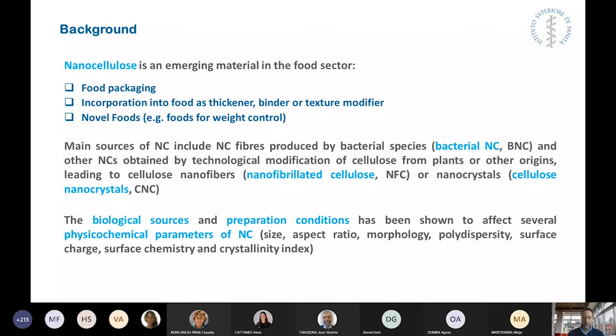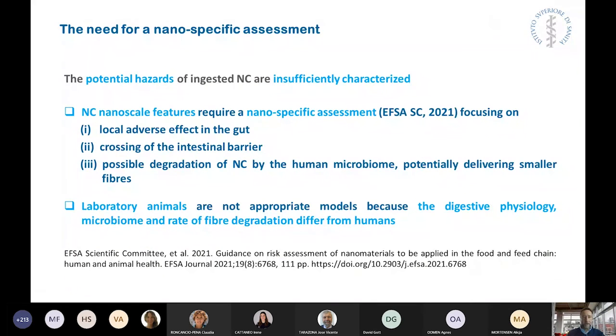So these biological sources and the preparation conditions leading to the final material have been shown to affect several physicochemical parameters of the nanocellulose materials. So they are important to be considered, and this diversity has to be covered. The potential hazards of ingested nanocellulose are presently insufficiently characterized, and the nanoscale features of nanocellulose require a nanospecific assessment according to the nano guidance.